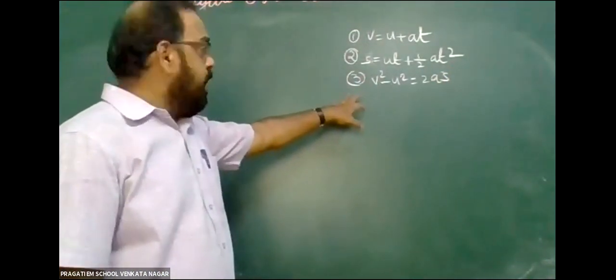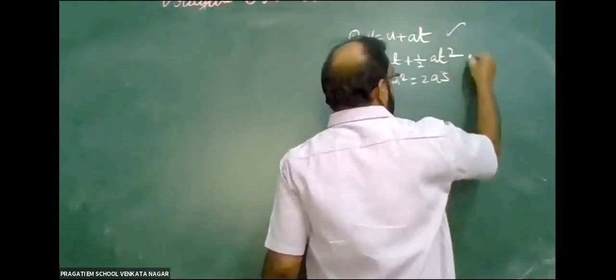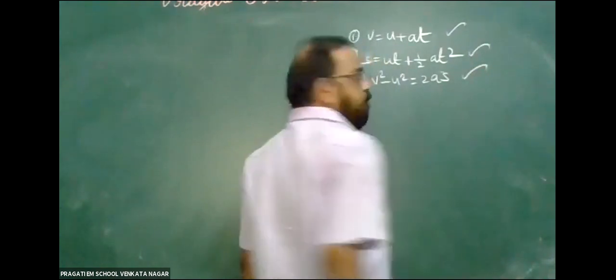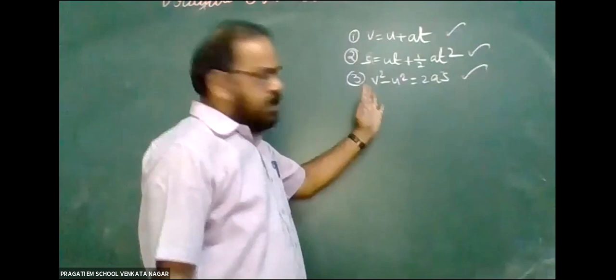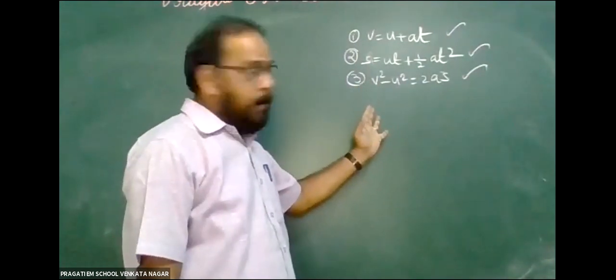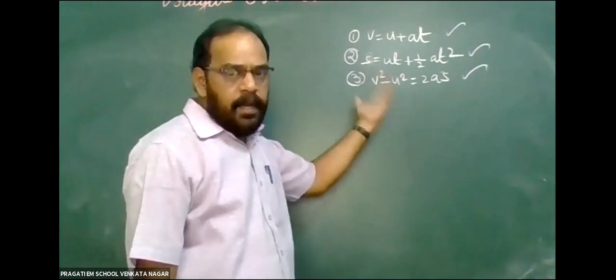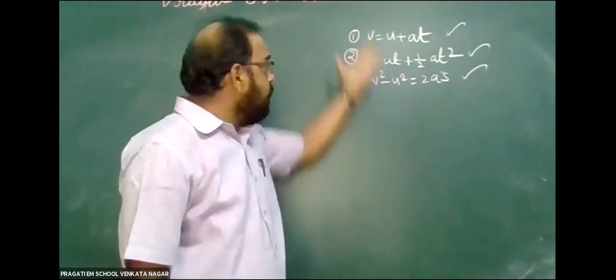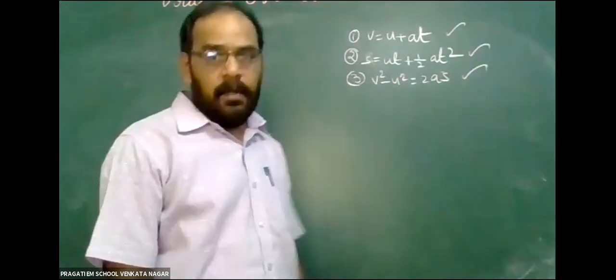Today we studied this: v square minus u square is equal to 2as. First, second and third equations of motion. Whenever you want to do a problem, you can choose any of these equations according to the given data. Which one to take is our wish. How to do problems, we will see after that.